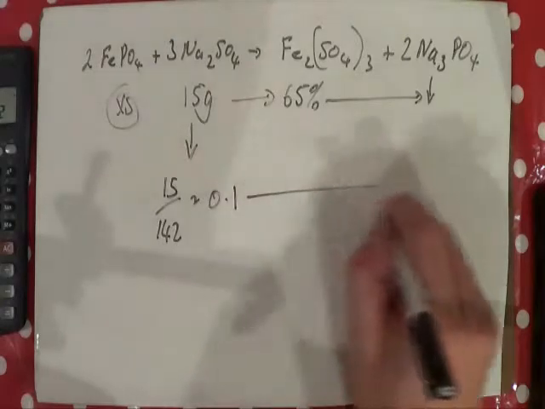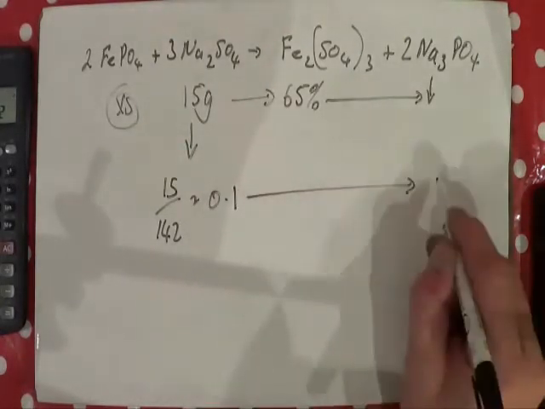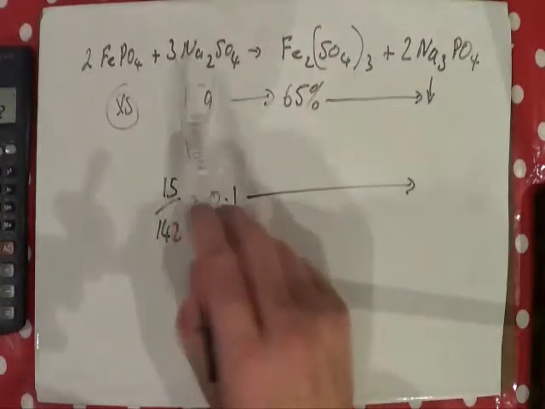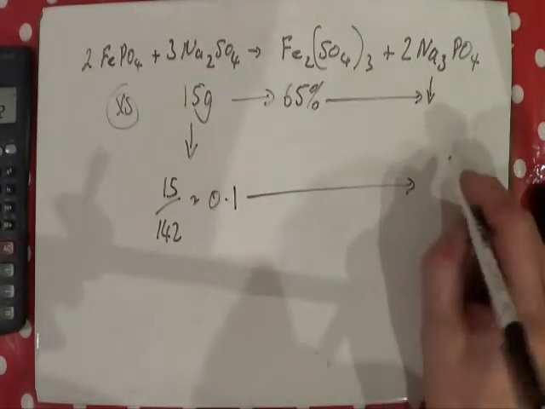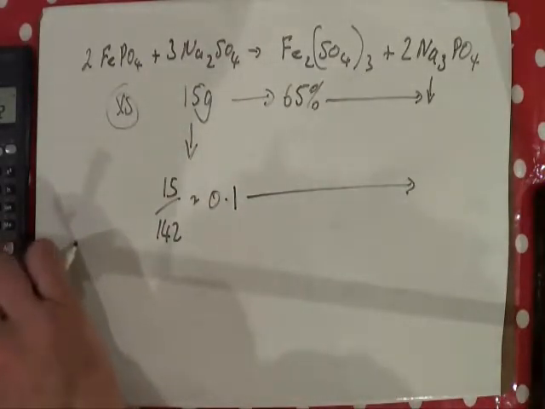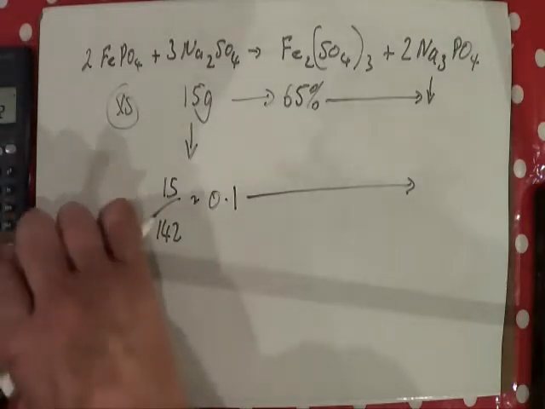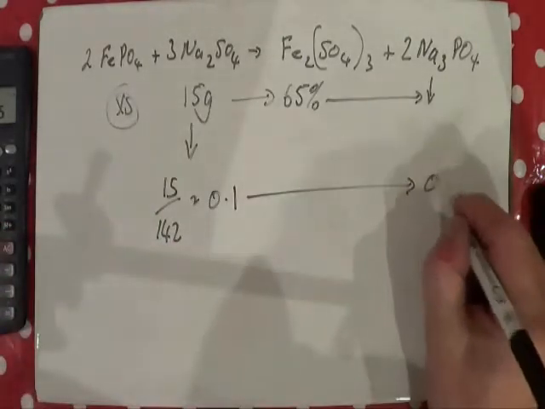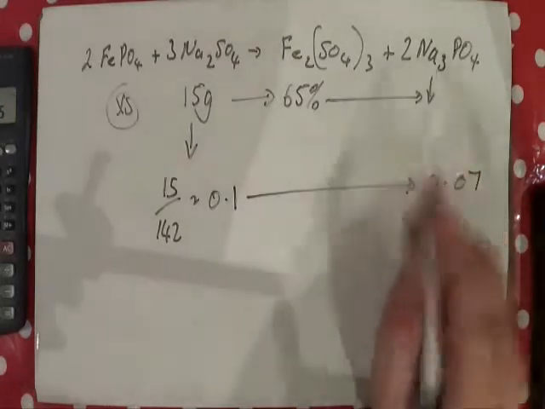I would expect that only 65% of this number of moles is actually converted. But be very careful here, this is a 3 to 2 ratio. So if I have 0.1 moles of that, I would only expect 2/3 of it to be converted, which would make 0.07 moles of this being produced.